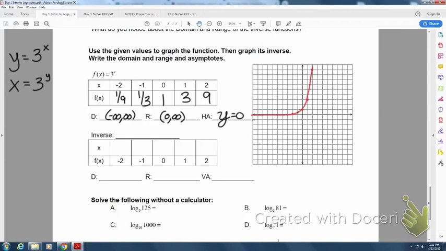If not, you might want to practice rewriting it to where the base is always on the left, and that way you will only fish hook one way. So I would have log base 3 of x equals y.